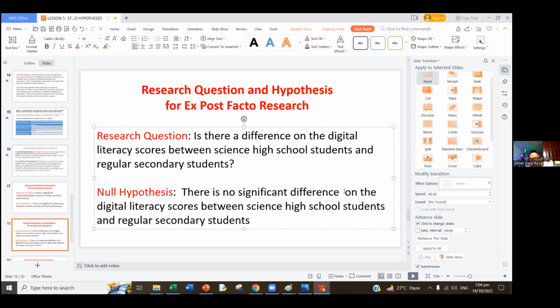There's no significant difference on the digital literacy scores between science high school and regular students. So ano yung alternate hypothesis na non-directional?